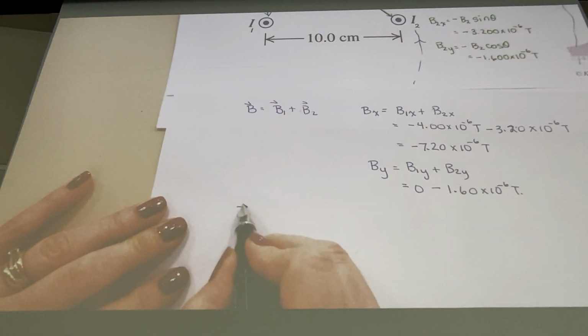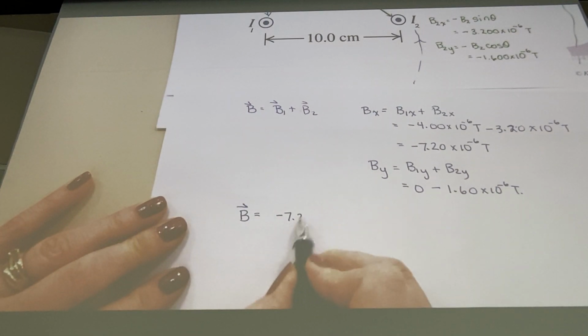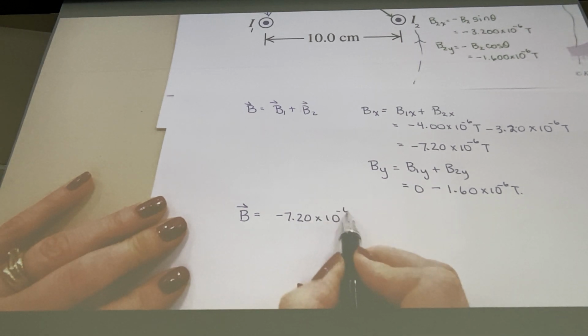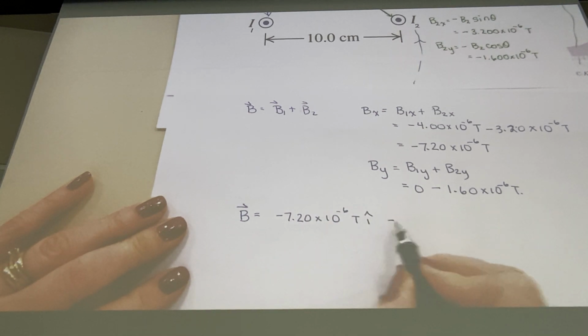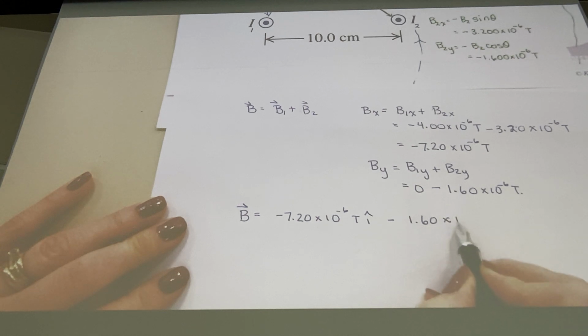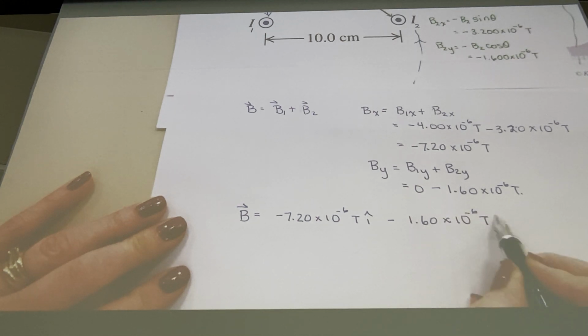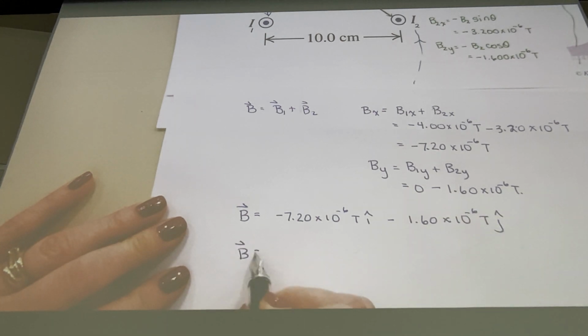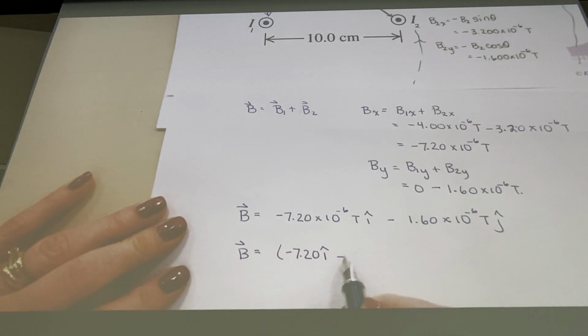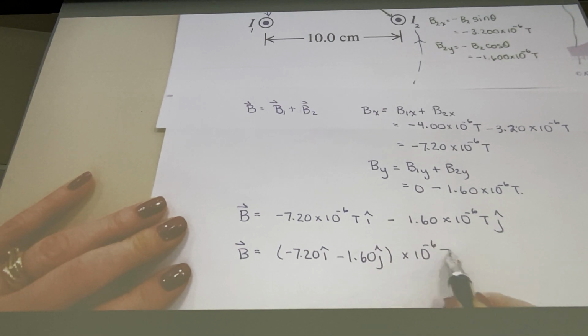My vector B is minus 7.20 times 10 to the minus 6 teslas I, minus 1.60 times 10 to the minus 6 teslas J. Or if you want it to look kind of slick, you might say minus 7.2 I minus 1.6 J times 10 to the minus 6 teslas.